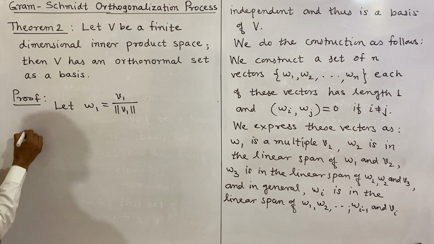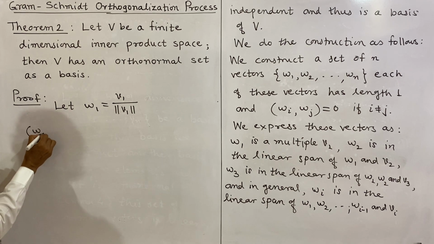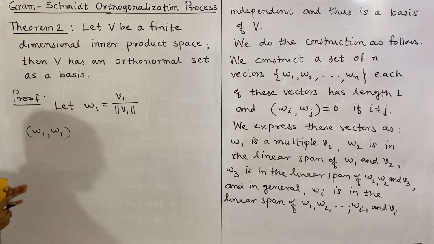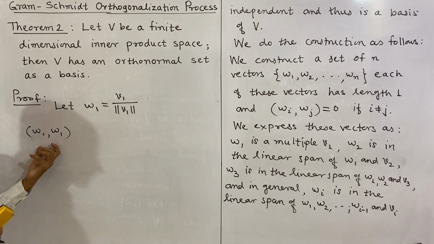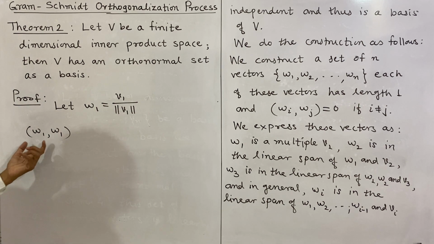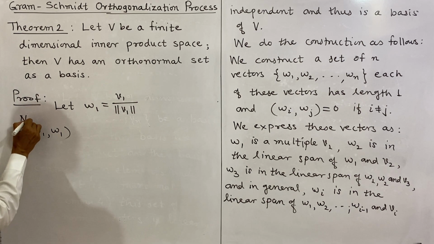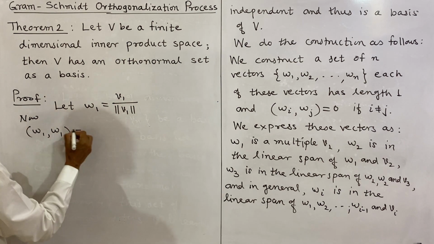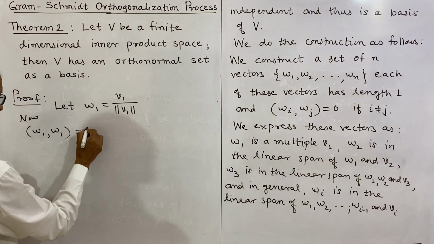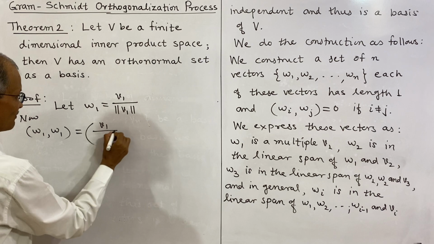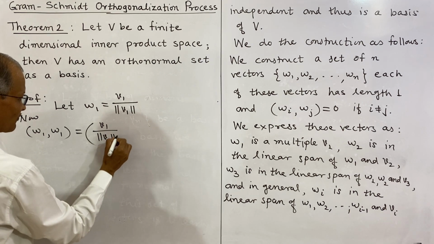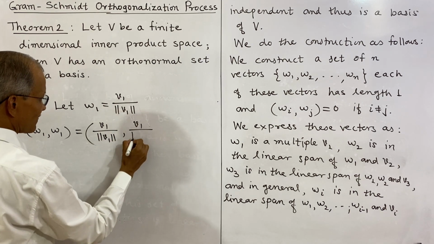Now how to check the length? We have to find the norm, and to find the norm we take the inner product of the vector with itself. So the inner product of w1 with itself is the inner product of v1 divided by norm v1 with itself.